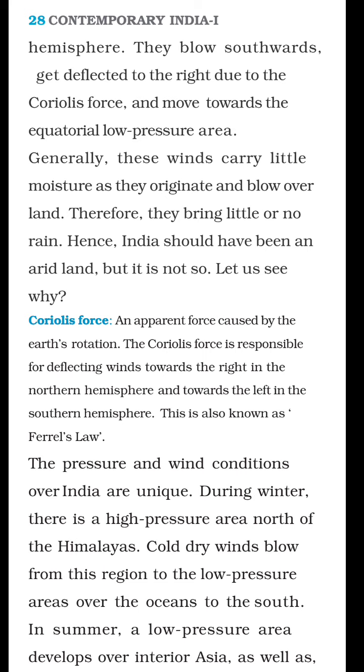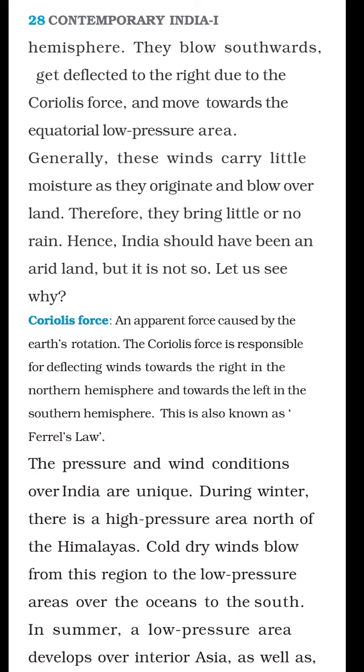So whenever the wind blows on the earth's surface, due to this force and its deflection, these air currents slowly deflect to the right side and move towards the equatorial low pressure.